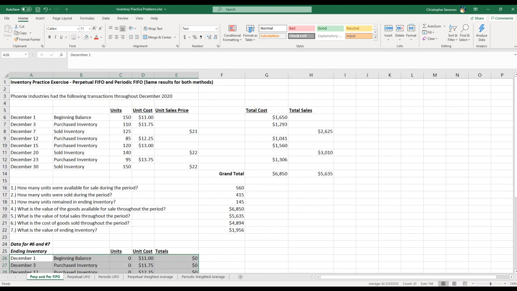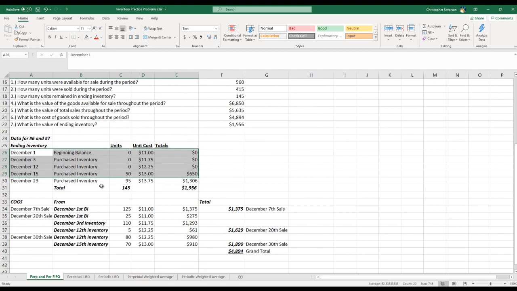When we get to the other methods, though, you'll see LIFO does have a difference, because whether you do the entry every single time you have a sale, or whether you do it based on the entire period's data at the end of the month, it will make a difference, because your last layer is going to be different at those different times. So that'll make a little more sense when we get into those methods.